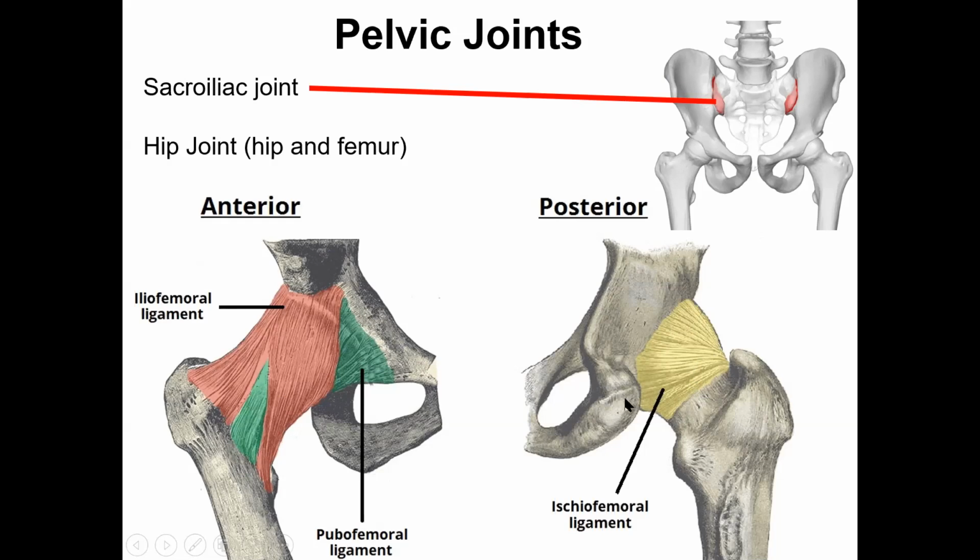And then from a posterior view, we can see the ischiofemoral ligament, which is articulating between the ischium and the femur here on the lateral aspect. So these three ligaments come together and anchor or secure the femur to the ilium and help to keep the lower extremity anchored to the pelvic joint, or to the hip bone rather.